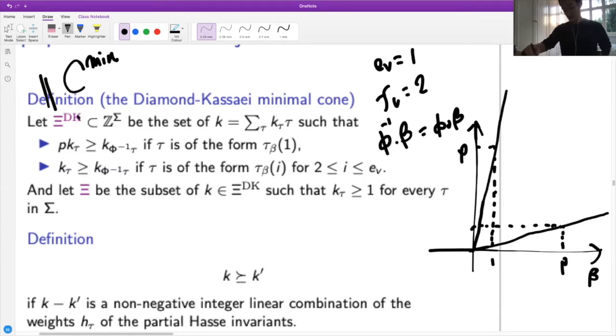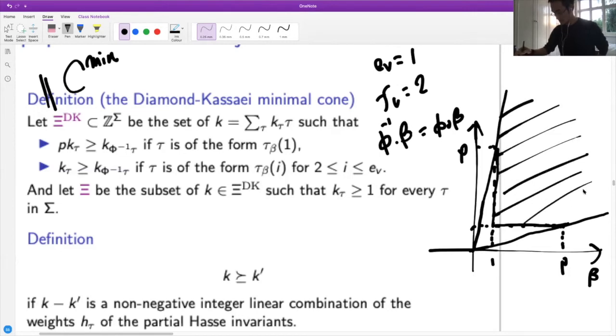So the C_min in Payman's talk is this region sandwiched by these two lines, and my C is the one living in here. Okay, and you can draw a similar picture in the ramified case. It will be something similar, except that instead of (1, P), I'm going to have (1, 1). So the line would go through there. And the region in between the two lines would be the C that I defined here in the quadratic totally ramified case.